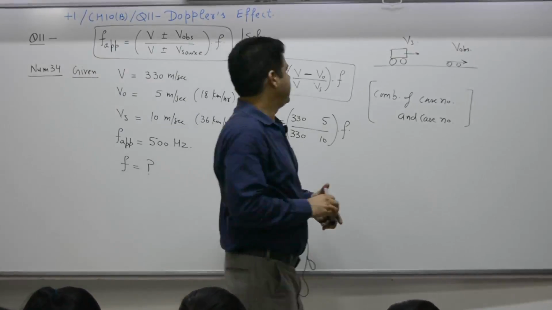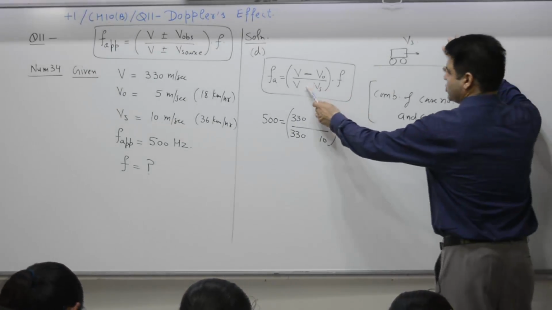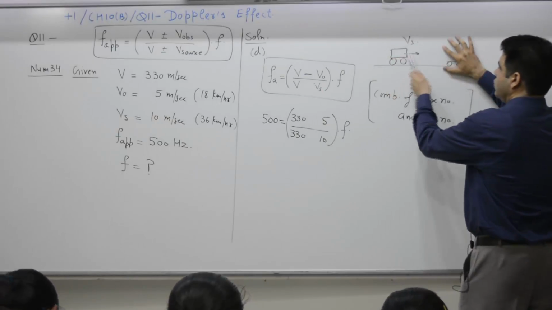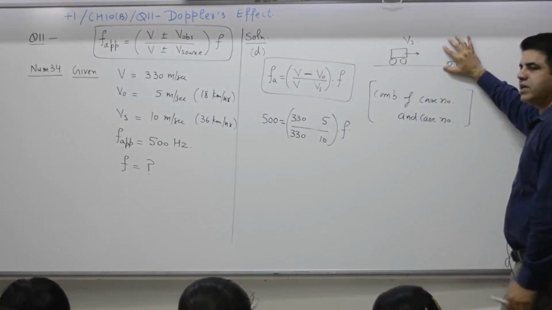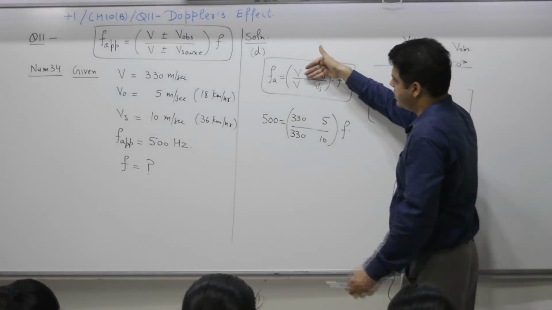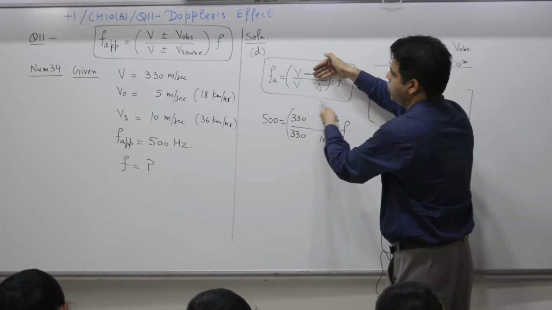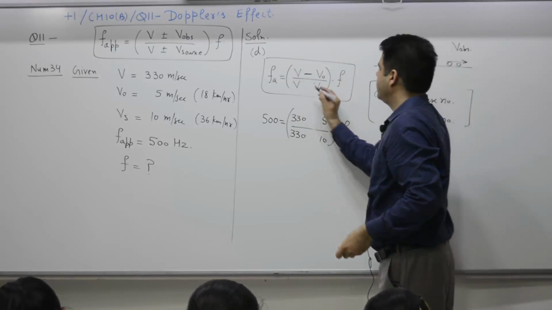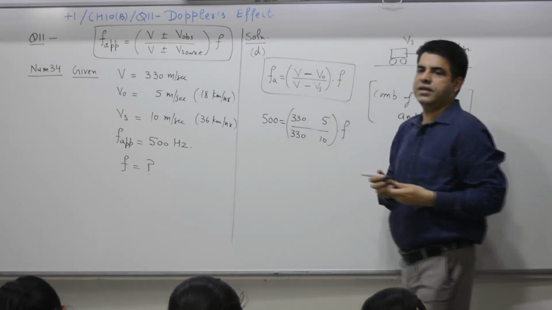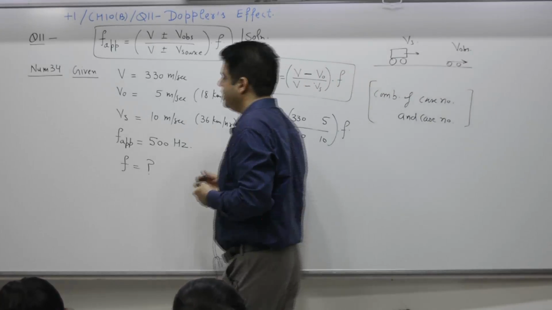Second part, observer is at rest. You have to decide this source sign. Source is moving towards. It will result in what? Increase in frequency. If you are not to take into account this part, this factor causes an increase, this factor to be more than 1. How? Negative. It is a combination of case number.